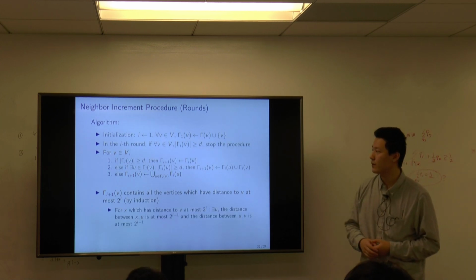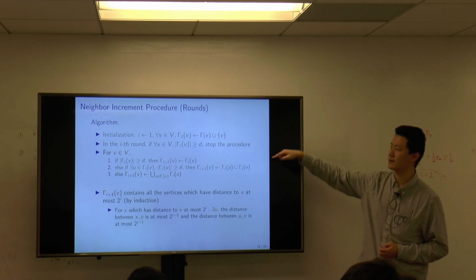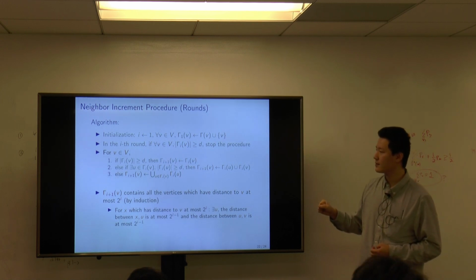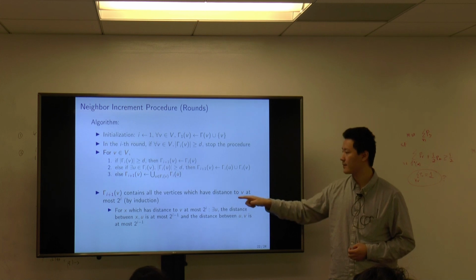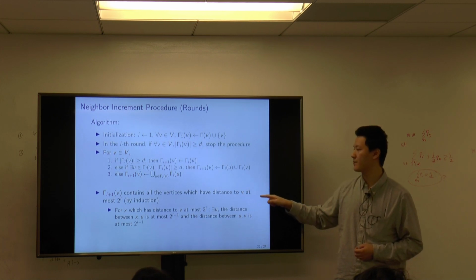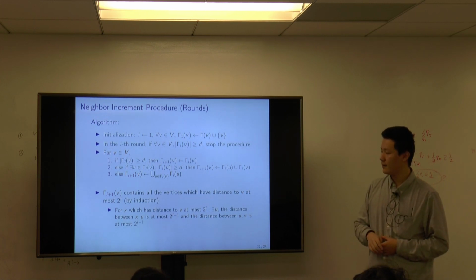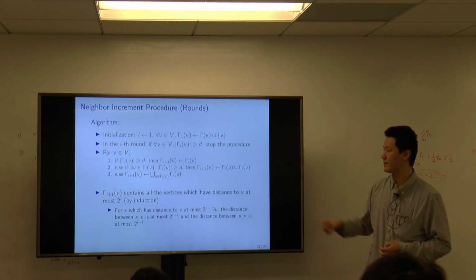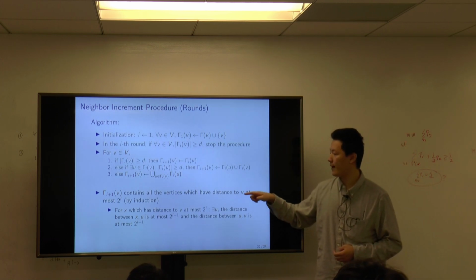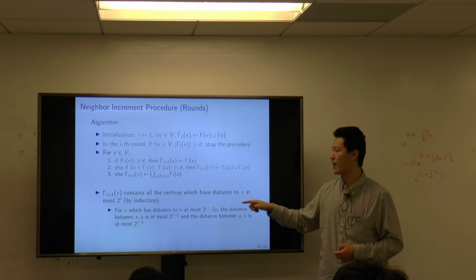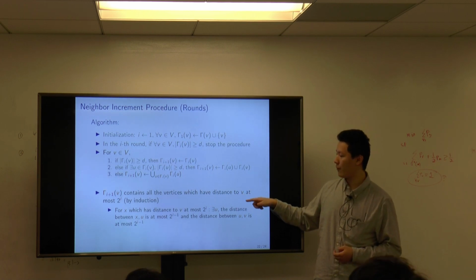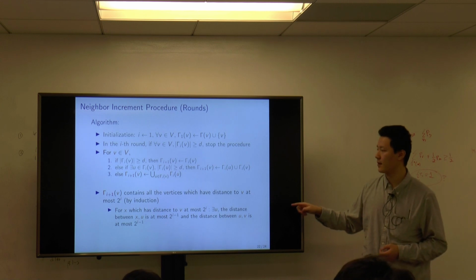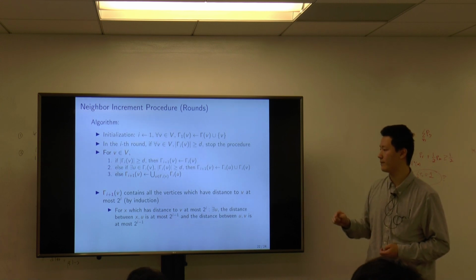In the ith round, if the vertex V is in the third case, then we consider a vertex X which has distance to V at most 2 to the i. Then there should exist a vertex U which has distance to X at most 2 to the i minus 1, and the distance from U to the vertex V is also at most 2 to the i minus 1.